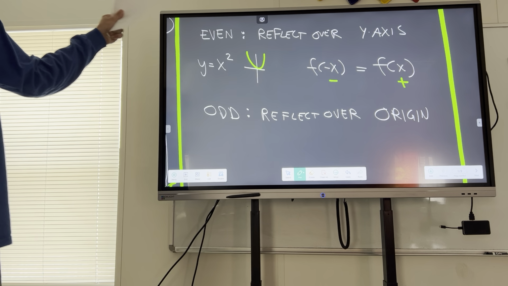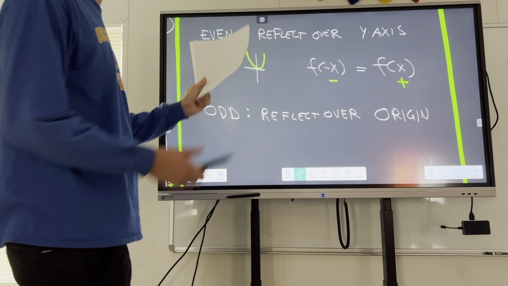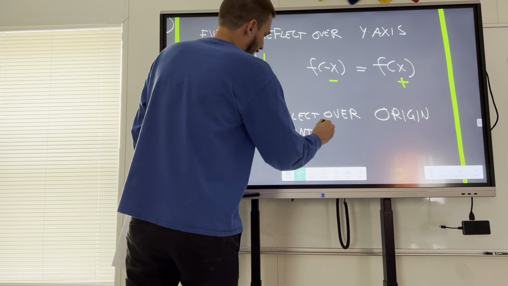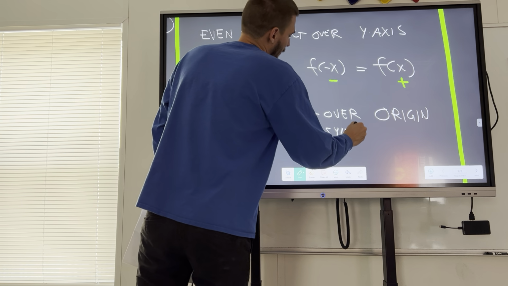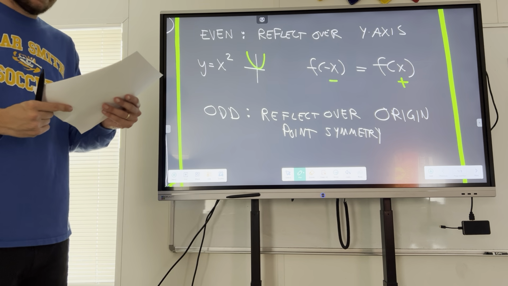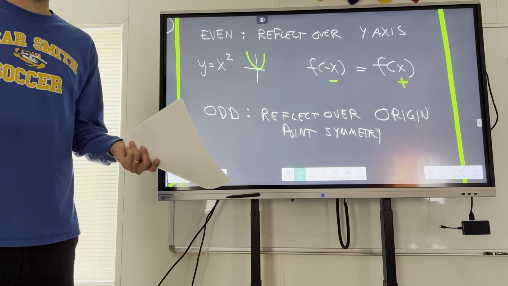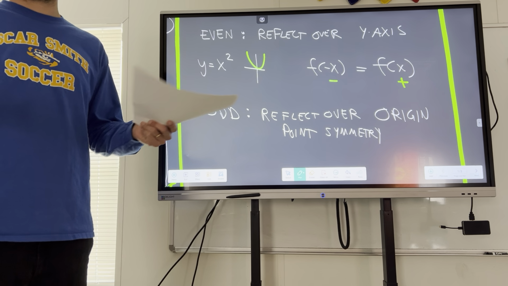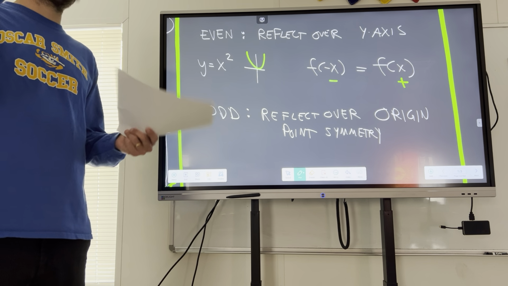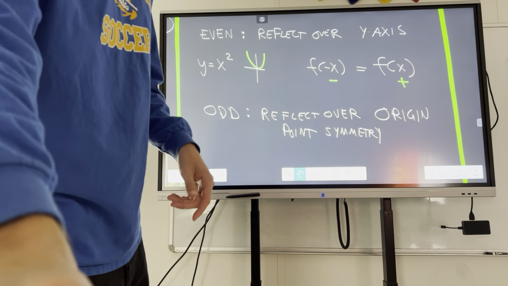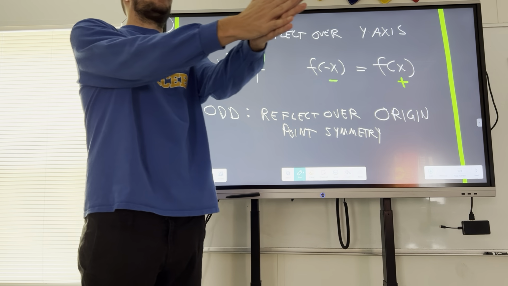The origin is a point, and so this type of symmetry is called point symmetry, which is kind of weird. It's not super natural to think about just, oh, just flip it over. Line symmetry is very easy, but point symmetry is like moving in total opposites.